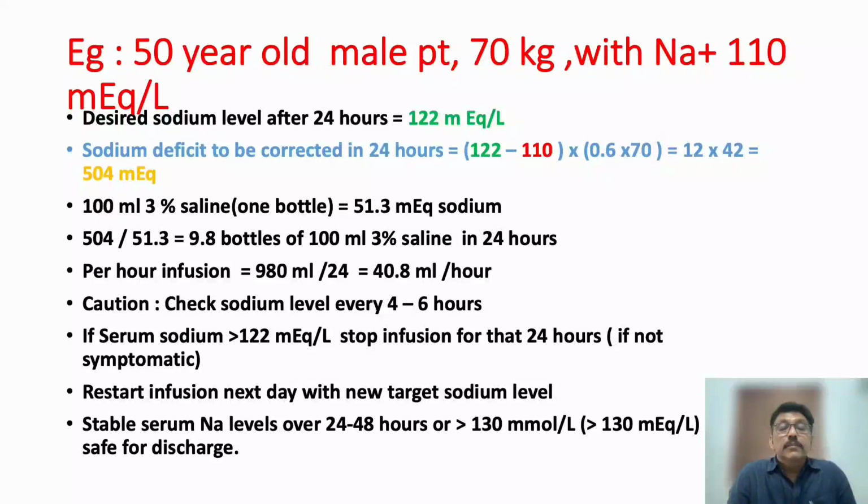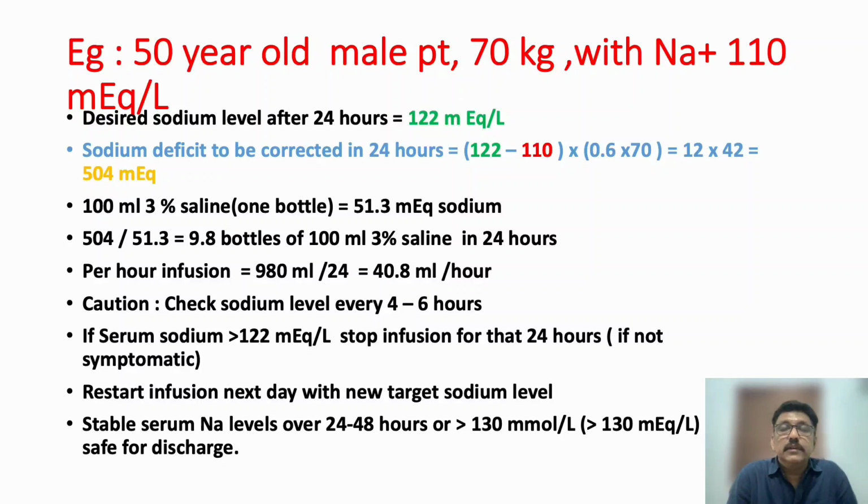But these calculations are done by clinical features. When we are transfusing this much amount of sodium, always check the sodium. Some patients respond faster than other patients; their sodium levels, due to some reason, shoot up very fast. So every 4 to 6 hours we have to check the sodium, and in 24 hours, any time if it reaches nearly 10 to 12 correction, then stop the infusion.